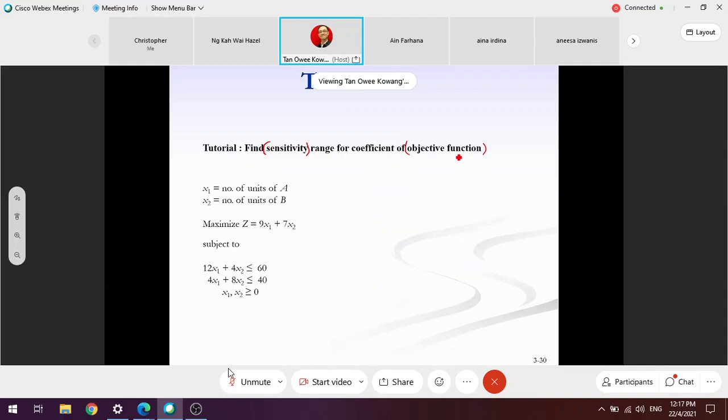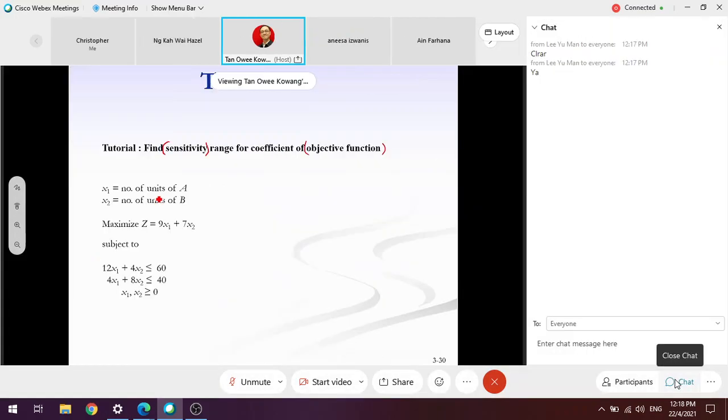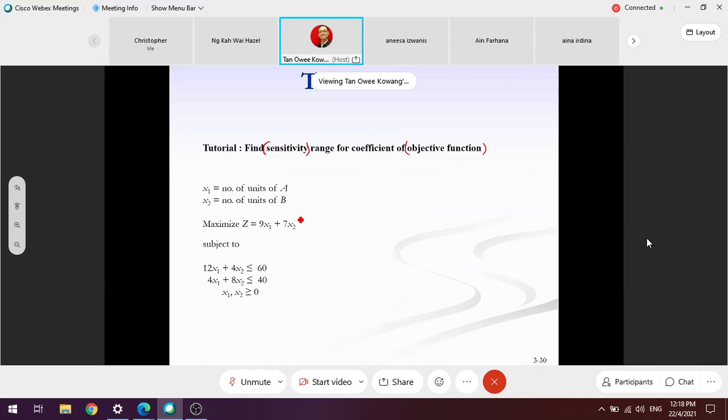There are other ways, but I want to show you the way that I shared with you earlier. For example, the first step is this example. I need to change to the format of what I intend to find, which is C1 and C2. Sensitivity range for variable x1, sensitivity range for coefficient of variable x2.